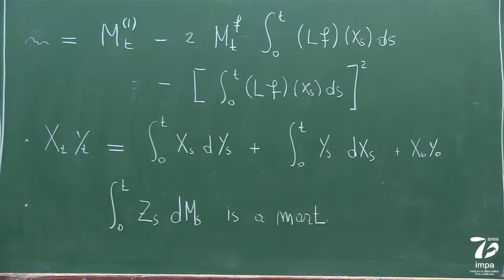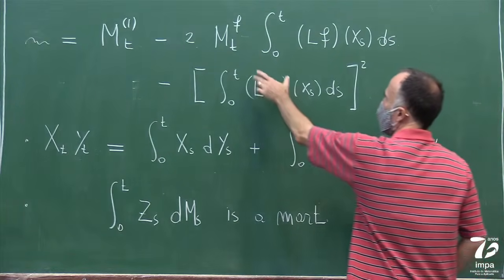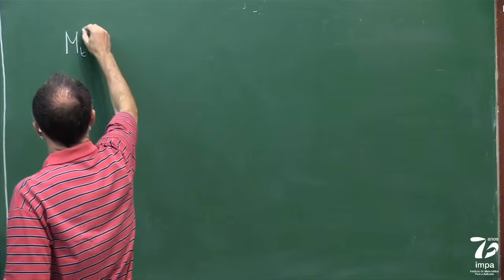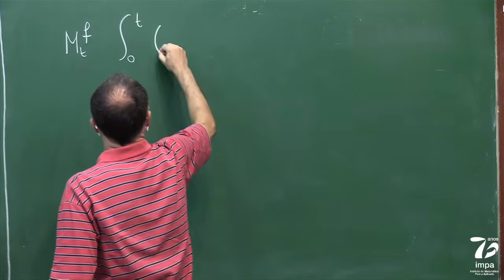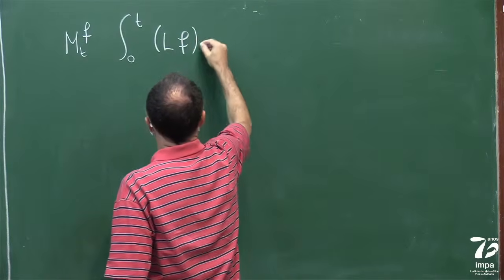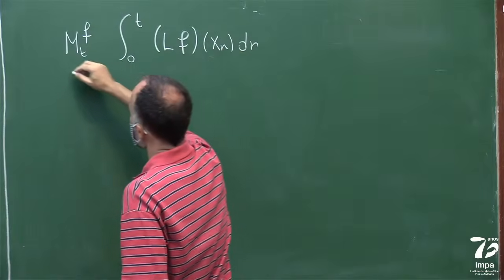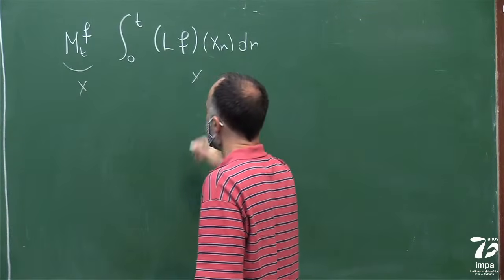So by using these two facts, I will write this term, which is M_t^f times this integral from 0 to t of Lf(x_r) dr. So in this formula, this will be my x, this will be my y.